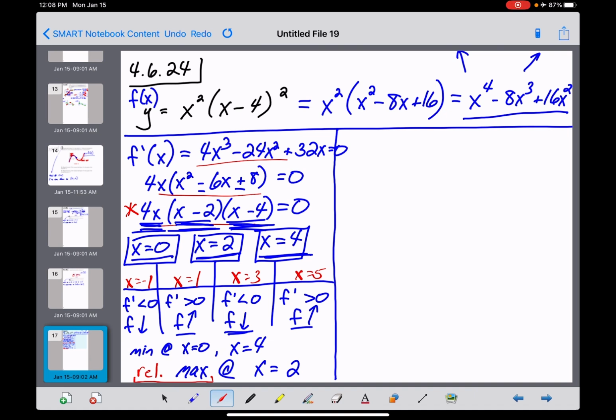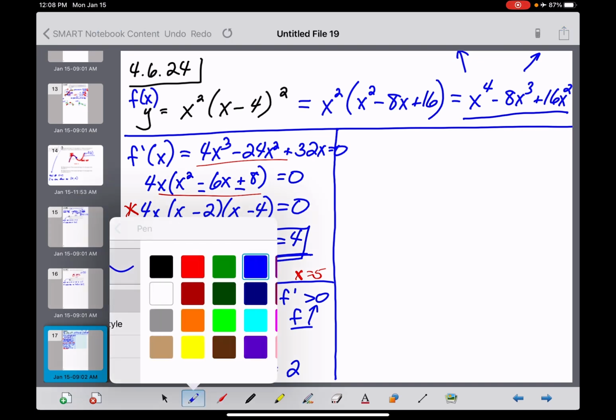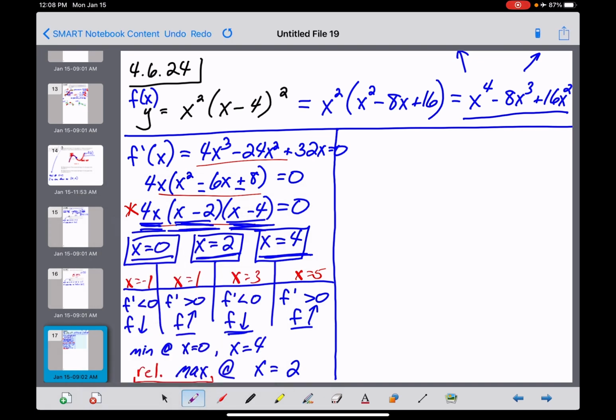Okay, that's as far as I'm going to go right now with coming up with the value of the first derivative. And let's move on to our second derivative now, guys, where, let me switch colors here just to keep things separate, f double prime of x, I'll just take the derivative of f of x right here. Looks like it is going to be 12x squared minus 48x plus 32.